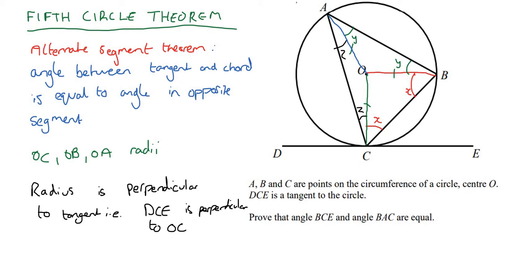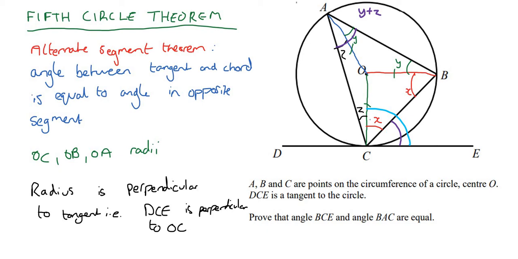Right, and let's take a look at the angle we are trying to prove. So we're trying to prove that this angle here is equal to this one. So this angle at the top is y plus z. And what is this angle here? Well, as we've previously said, because DCE is perpendicular to OC, this whole angle must be a right angle.